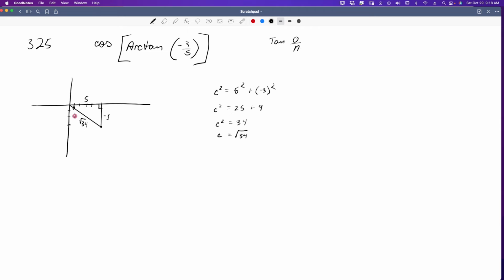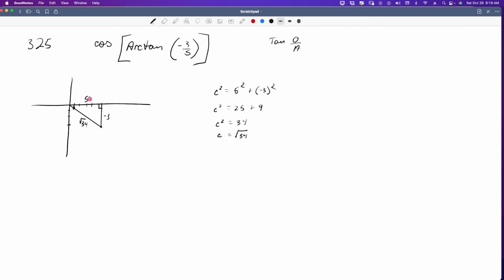And we don't need to find what this degree of measure is in order to find the cosine of this angle, because now that we have all 3 parts, we can find the cosine without any problems. All we have to do is put in the values. The cosine is adjacent over hypotenuse.